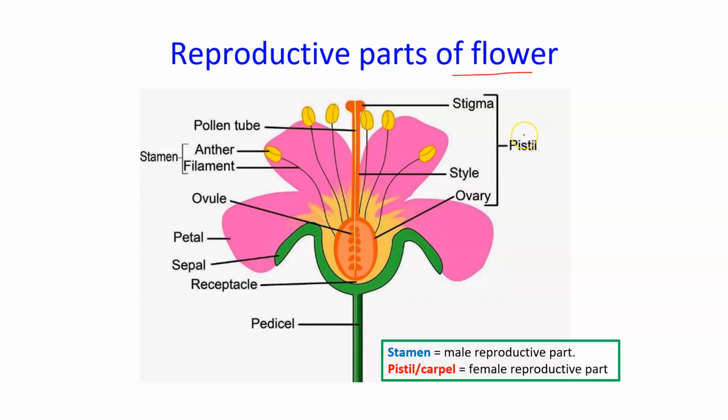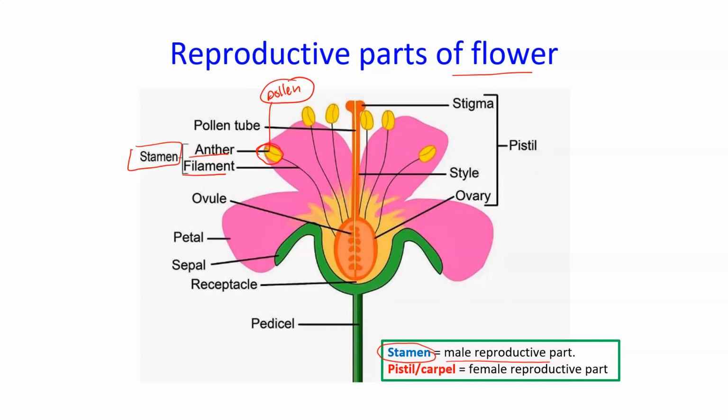In the flower itself, it can have the main reproductive part, which is the stamen. The stamen consists of anther and filament. The anther is the site where pollen will be produced, containing sperm cell.